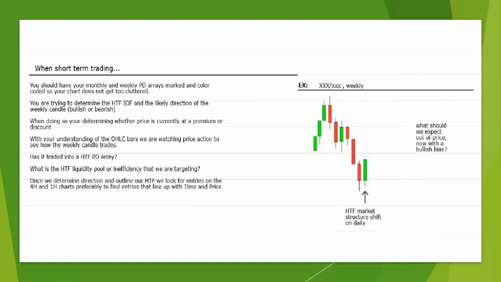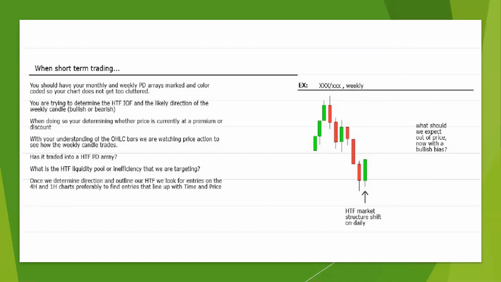It's worth the work. You want to know what you're looking at when you go to enter a trade. When you see price approach a line, you want to know what that line means. When you see price approach a highlighted box, or however you draw your charts, you want to know what that is. And if you do, you want to understand how price is supposed to react off of that.